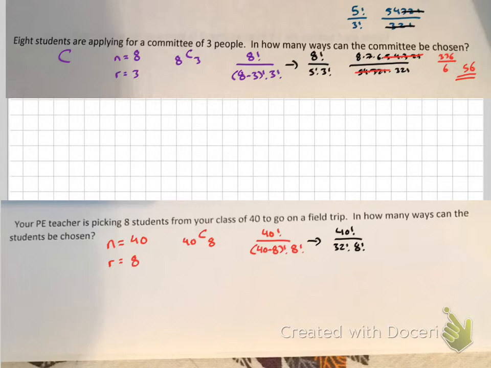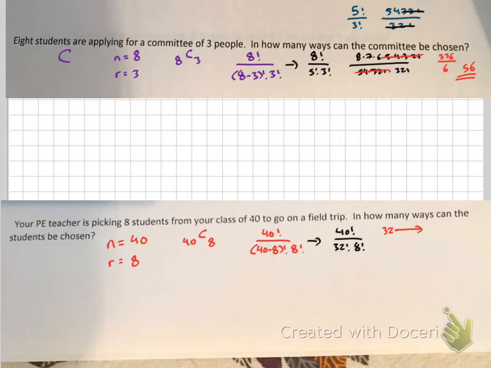Okay, so the easiest way to do this is whatever this number is, you just subtract this from that amount. Meaning 40 factorial over 32 factorial, 32 and whatever number all the way to 1 goes away from that 40 factorial.